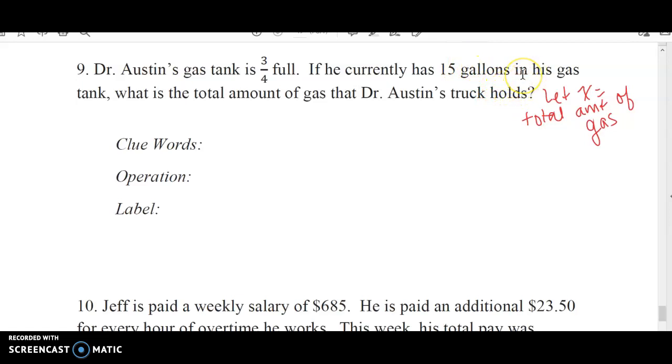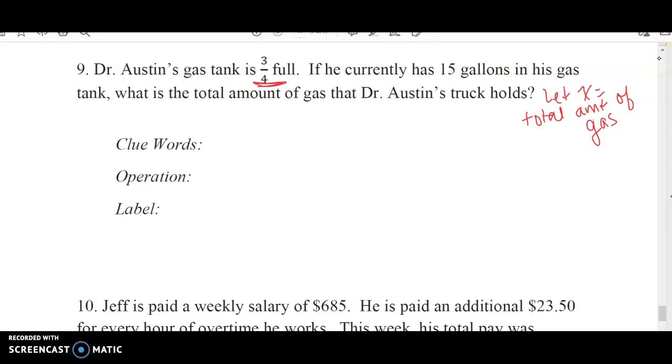So when I read this one, I'm not seeing any real clue words in here. And I remember when we did this one before, we actually used a bar model to do this. We're not going to do that today. So we're going to reread. We're going to look at this and see what is it actually saying. So Dr. Austin's gas tank is 3/4 full.